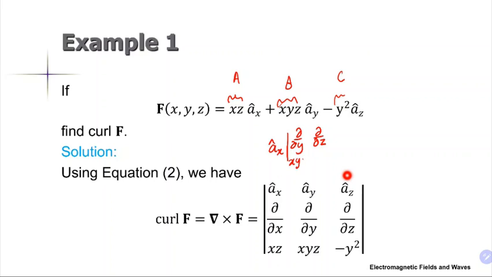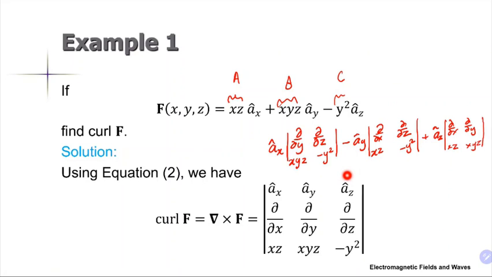This will be x, y, z minus y squared minus xz minus y squared plus, and then carry on from there.